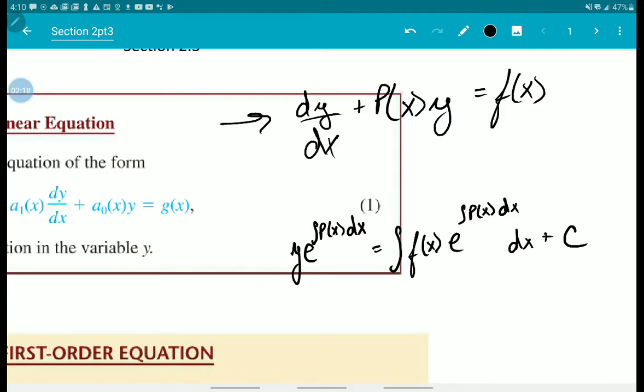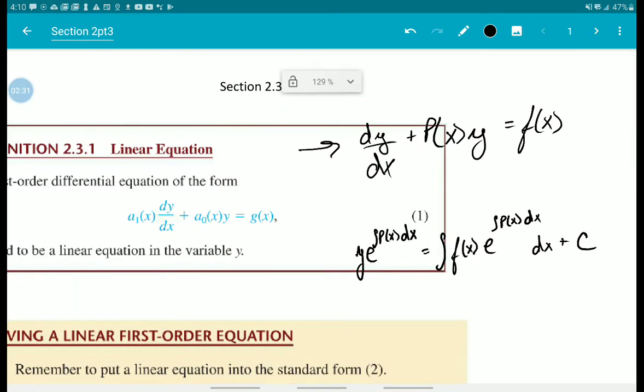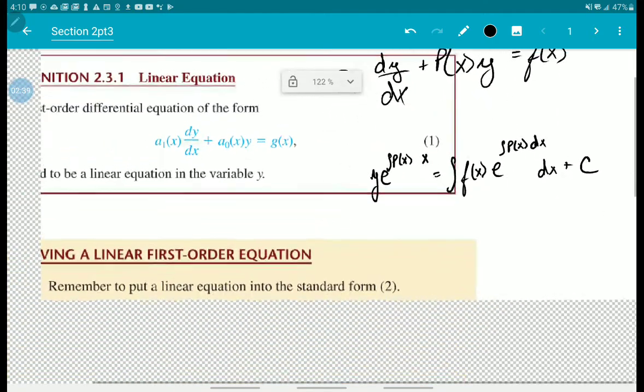They gave you a formula that said, here it is. All you have to do is figure out what your p of x is and plug everything into your formula and then integrate those sides. And then to solve for y, we would divide by that exponential function there. I want to show you where that's coming from.